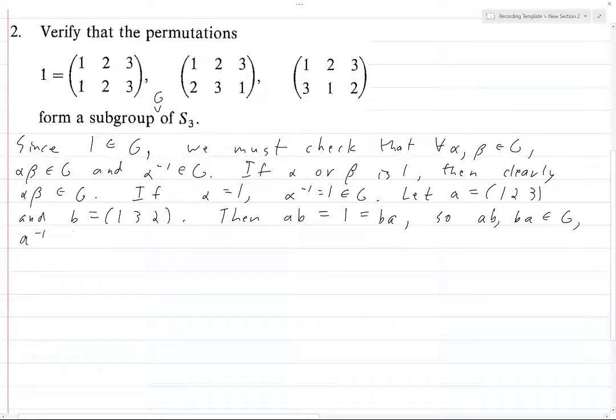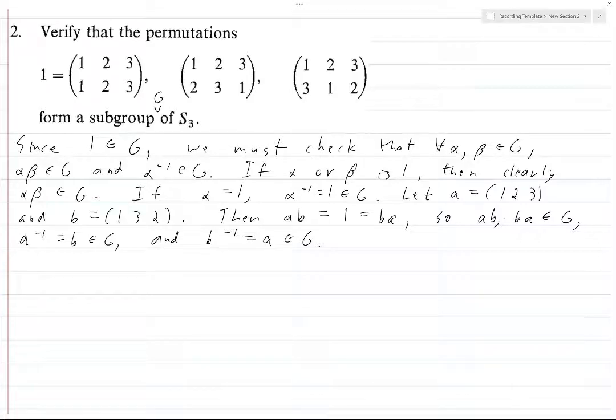A inverse equals B is in G, and B inverse equals A is in G. Once we know that AB and BA are both in G, then we know that for every combination of alpha and beta, alpha beta is in G, because this takes care of the scenario of one of them being 1, or the scenario of both of them being not 1.